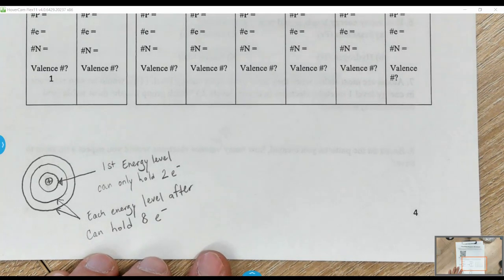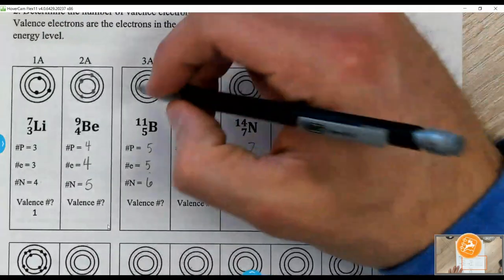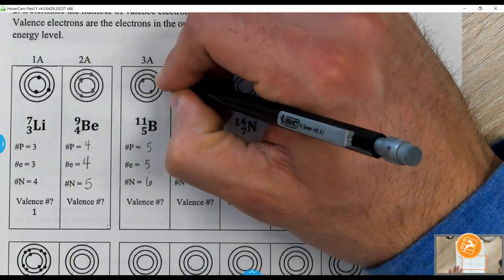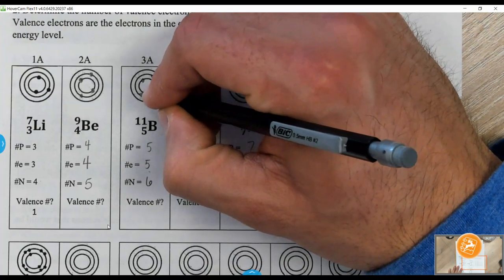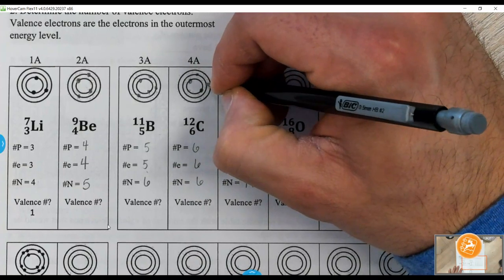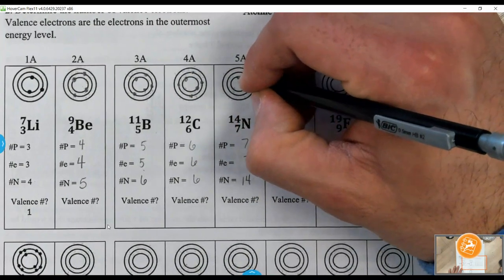All right, so let's go through that real quick, guys. We should have these filled in. 1, 2. We have 3, 4, and 5. The next one we have 1, 2, 3, 4, 5, 6.